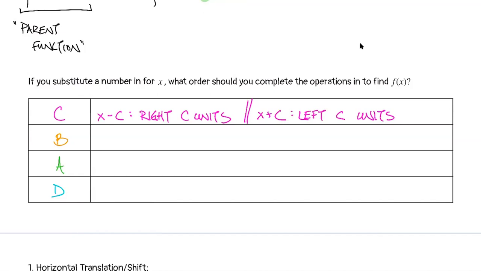The B value is going to be a case where we might stretch or compress the graph horizontally. Okay, so if B is greater than 1, then we are going to have a horizontal compression. And if B is less than 1, we will have a horizontal stretch.